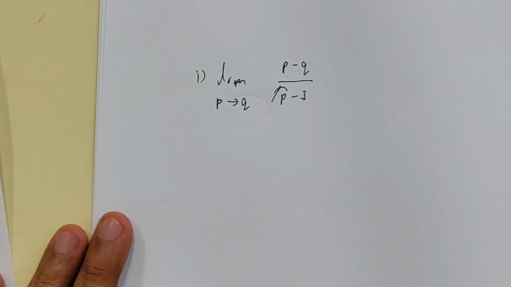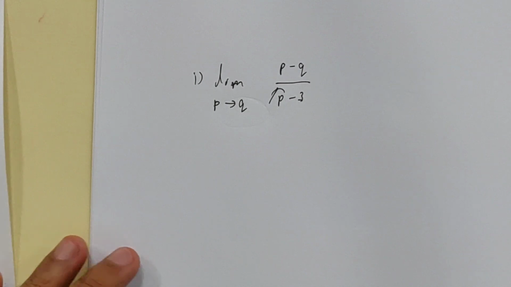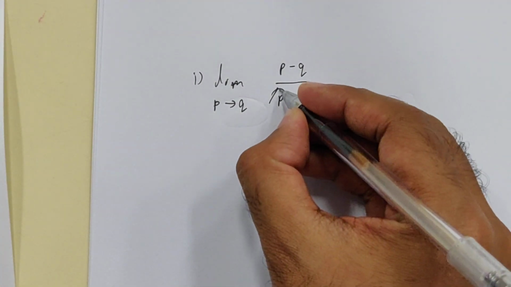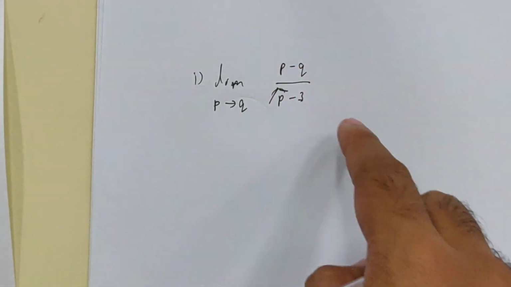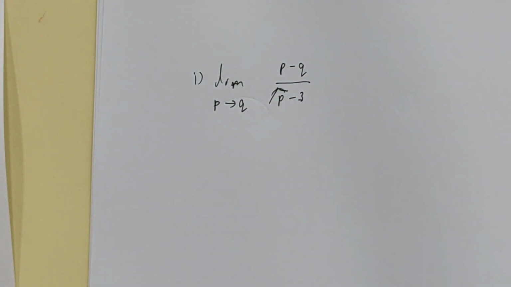Okay, so let's try this question. You got square root of P, P minus 9 over square root of P minus 3. Everything's fine. Now, okay, my bad, it's not Q, it's actually 9.